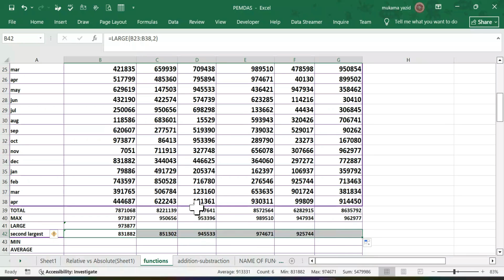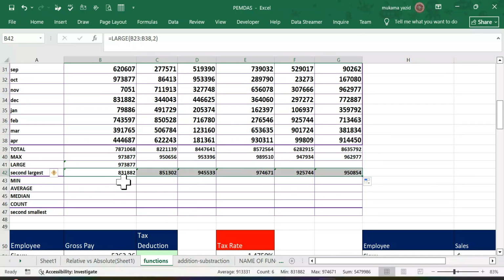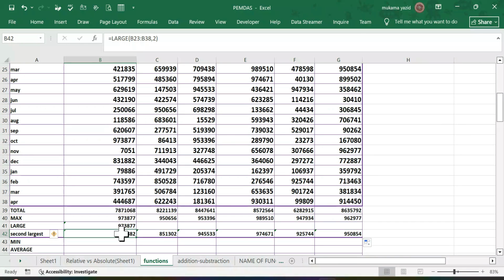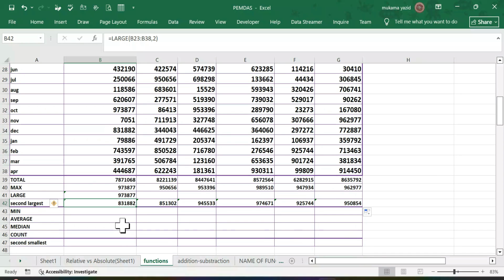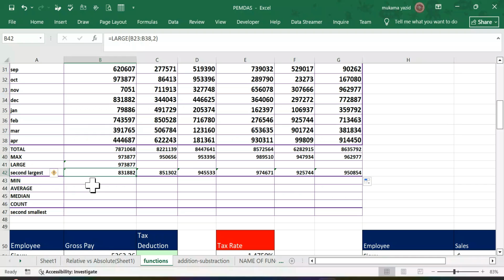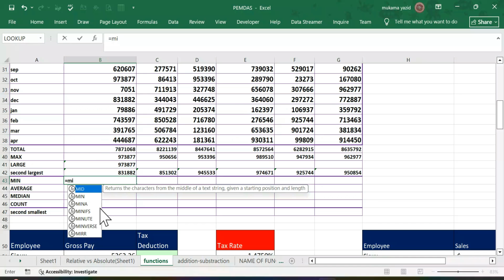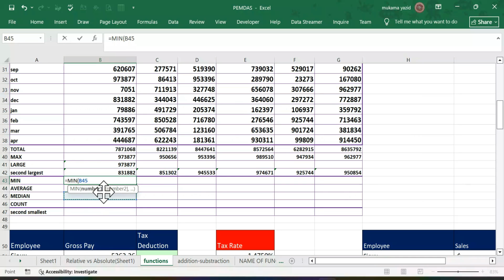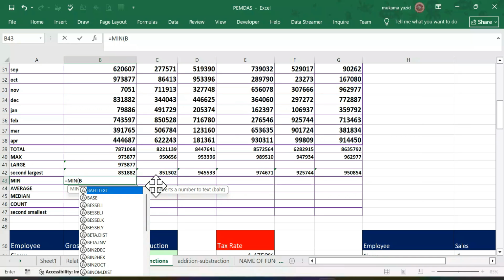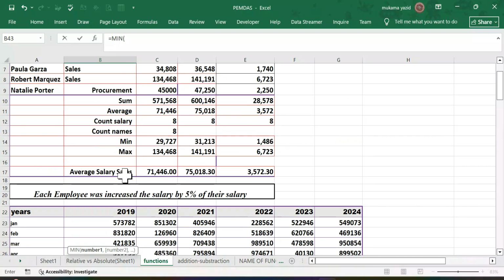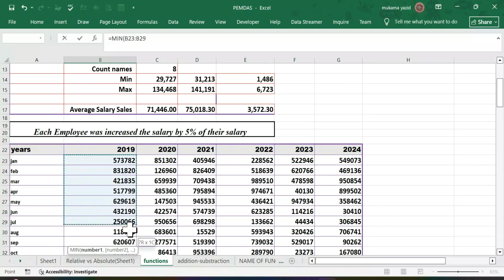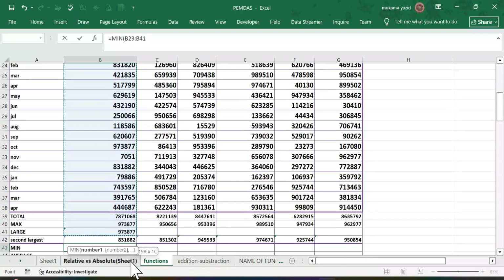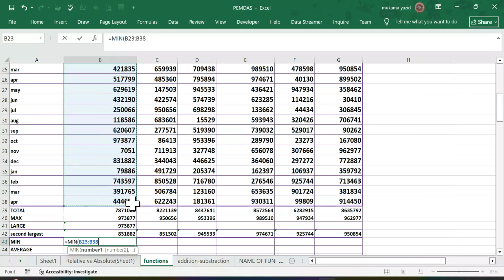Okay, then another one, mean. Equals MEAN. Just select it, double click, then you come and select the values you want to get the mean from. So this is the value we want to get our mean from.